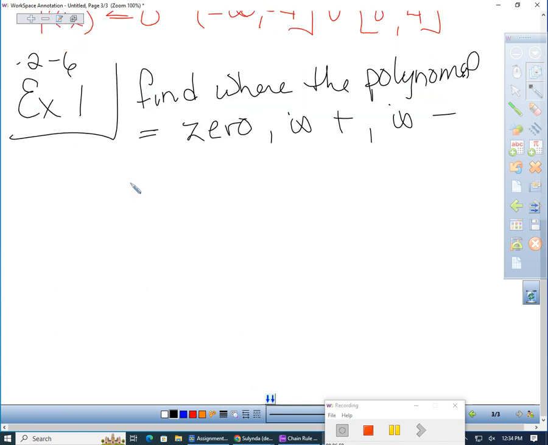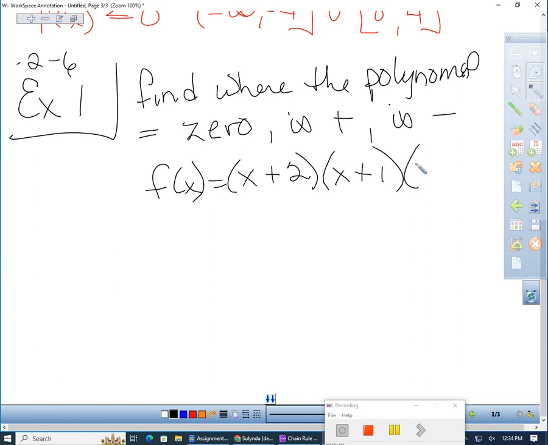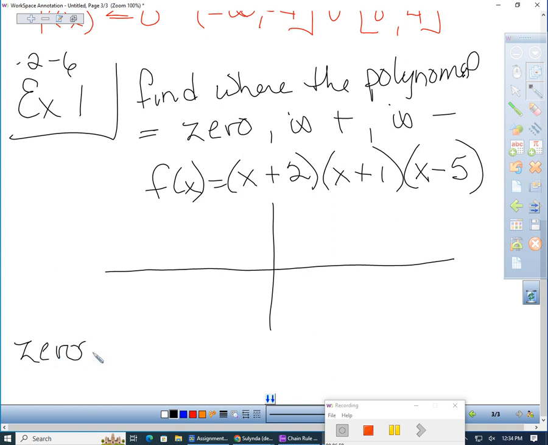Maybe the function we are given is f of x equals x plus 2, x plus 1, and x minus 5. You can throw that in your graphing calculator, or we can graph it up here. The zeros of this function are? -2, -1, and 5.